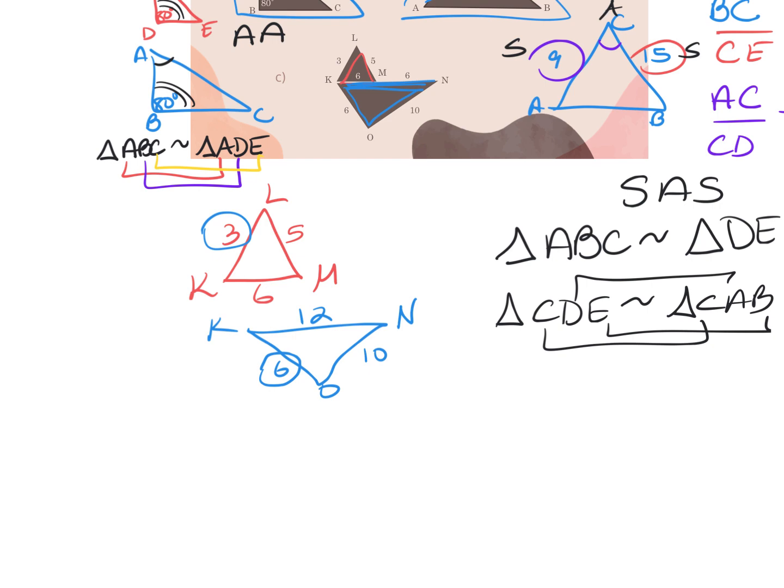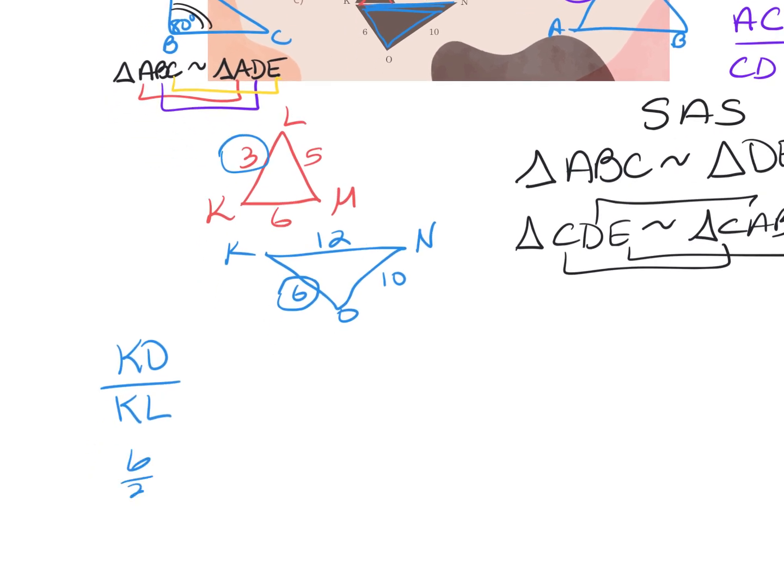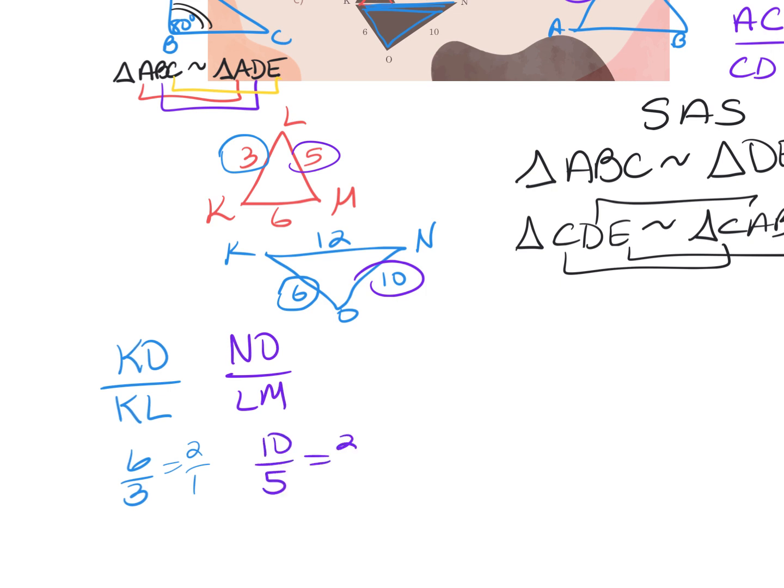So what I could do is show that KO and KL. And this would be 6 over 3, 2 to 1. Then I can go and match the next biggest side, which is the 5 and the 10. So here I could put NO with LM. So NO is 10, LM is 5, 2 to 1. Good so far. And then now lastly show the biggest side, the 12 and the 6.